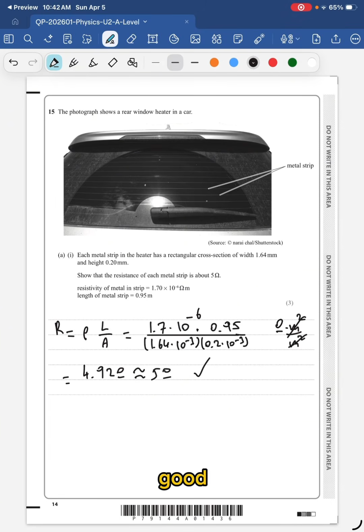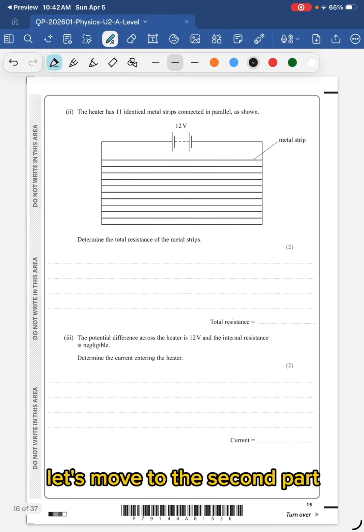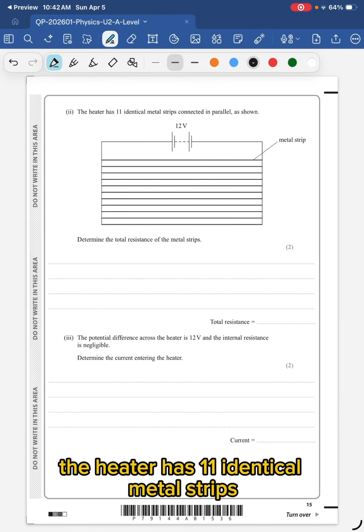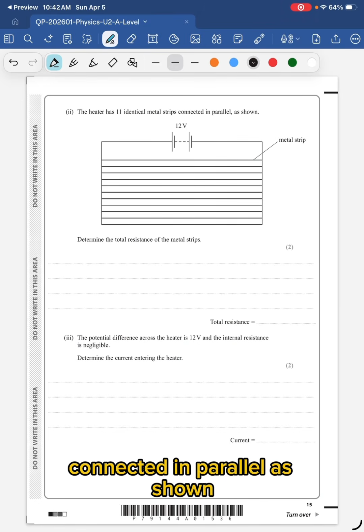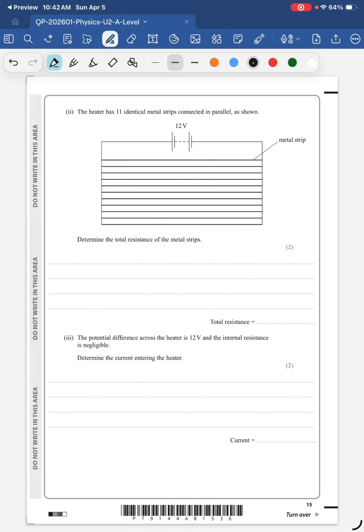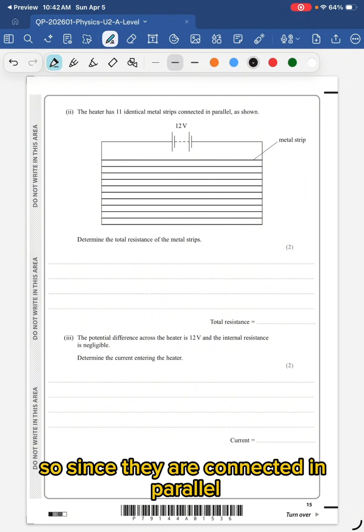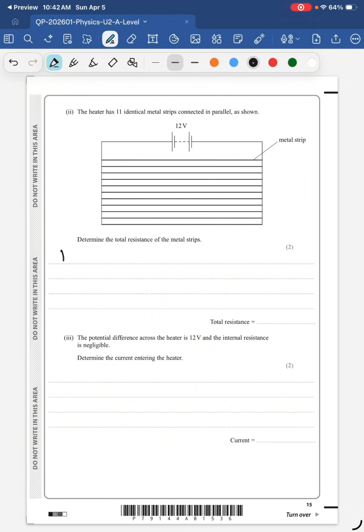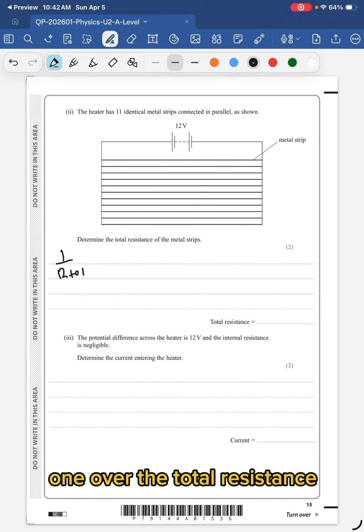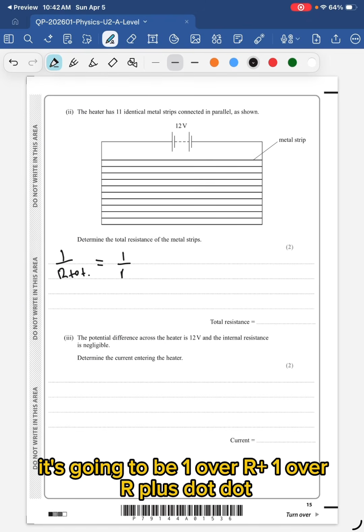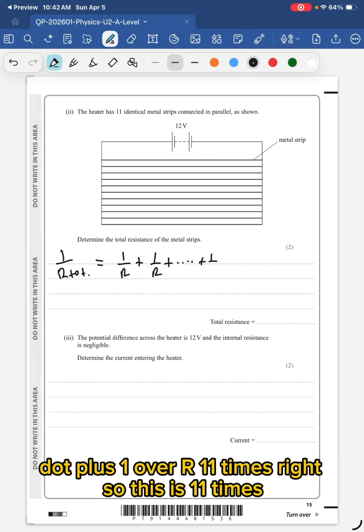Okay, good. Let's move to the second part. The heater has 11 identical metal strips connected in parallel as shown. Determine the total resistance of the metal strips. Okay, so since they are connected in parallel, 1 over the total resistance is going to be 1 over R plus 1 over R plus dot dot dot plus 1 over R 11 times, right?